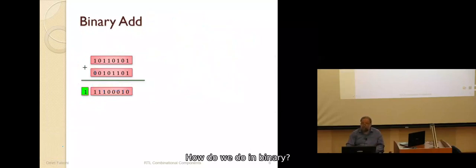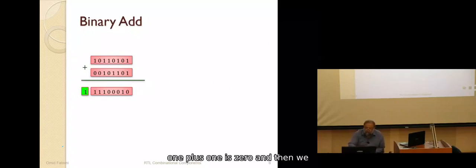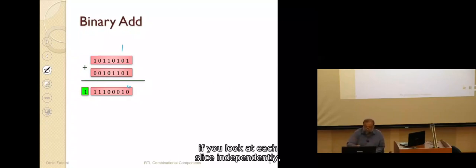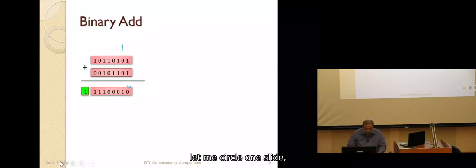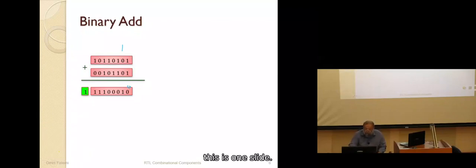How do we do this in binary? As you could see in binary, for example, 1 plus 1 is 0, and then we have a carry here. So in binary, if you look at each slice independently, they are all similar. If you look at one slice, let me circle one slice. This is one slice.